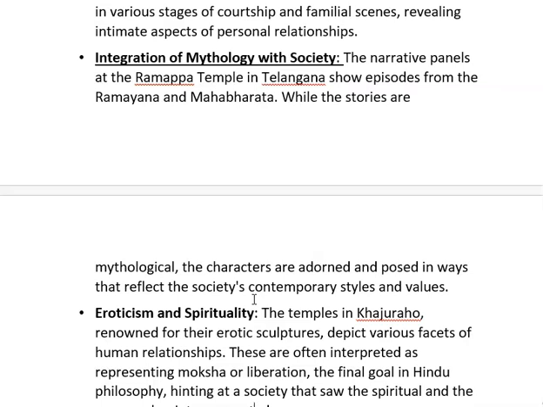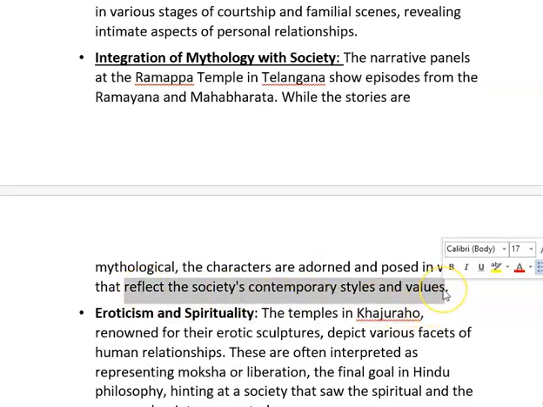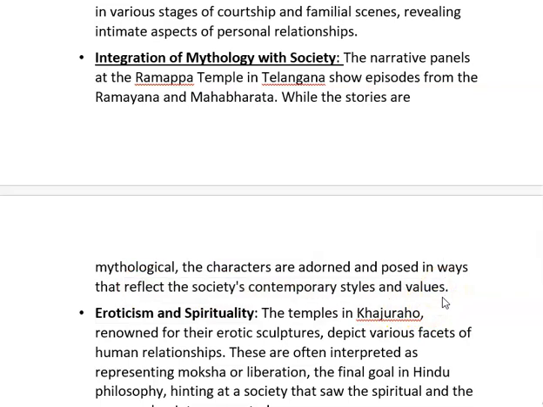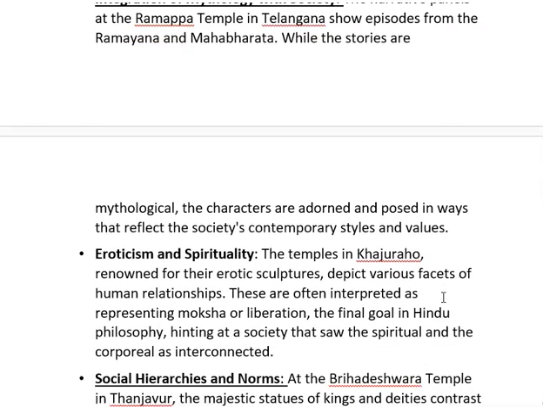So that reflects the society's contemporary styles and values. By seeing the Mahabharata and Ramayana sculptures, we can see how the people of medieval Indian society wore dresses.